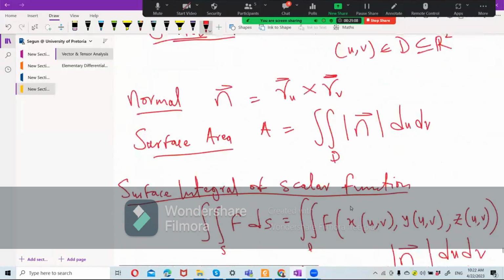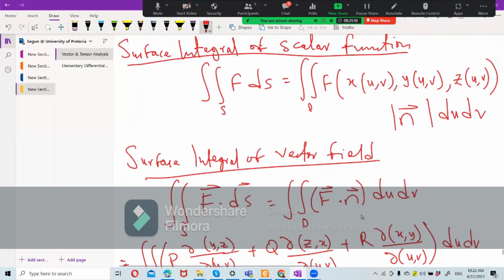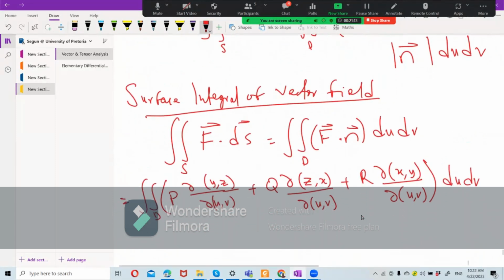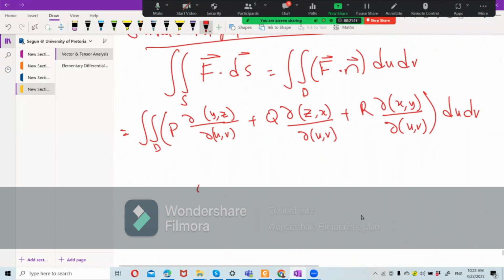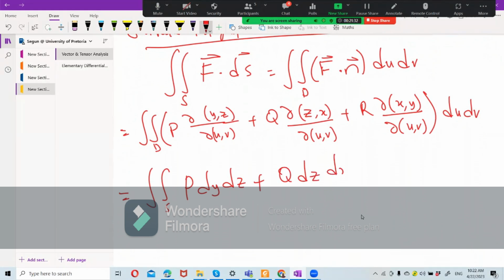Sorry. So it's the same thing as when you have the integral of P dy dz plus Q dz dx plus R dx dy. So let's take note of that.